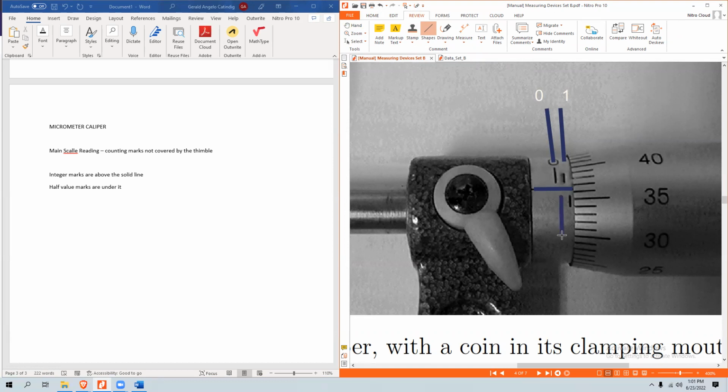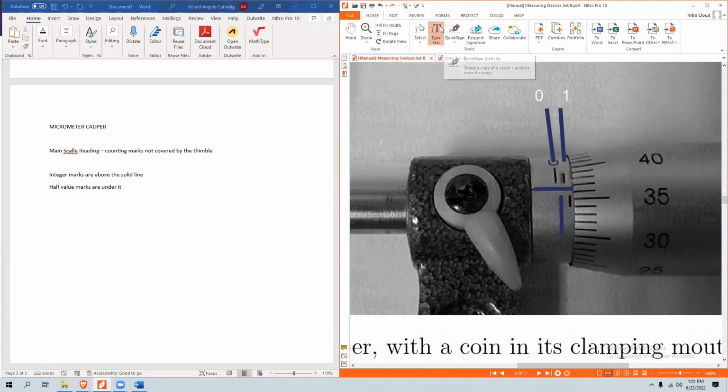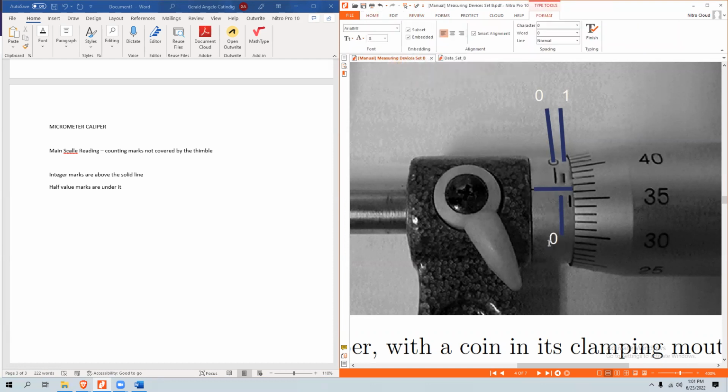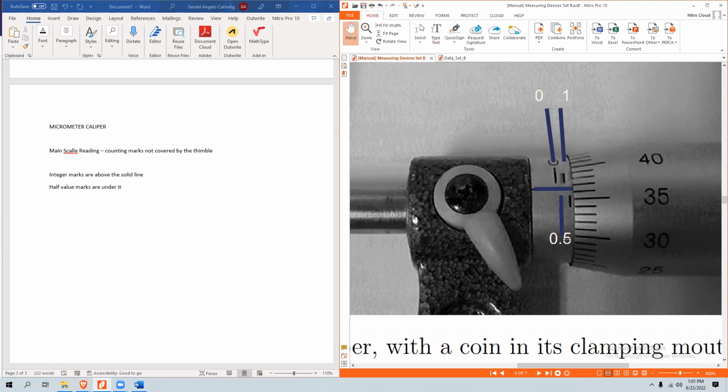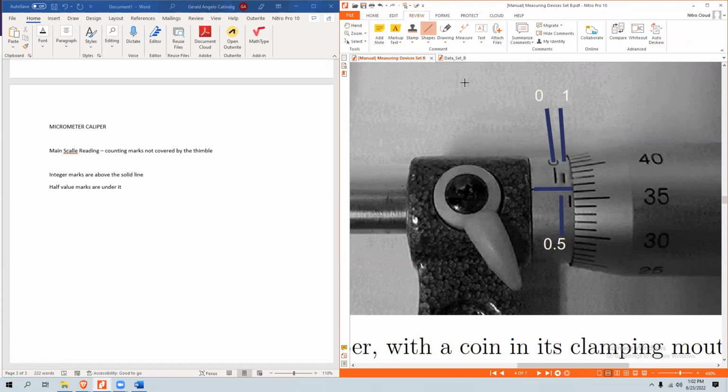So nasa ilalim lang siya just for ease of use. So for example, this would coincide to a measure of 0.5. So these are half integers. So following that same logic, this is 0, this is 0.5, this is 1. Of course, the next measurement would then have to be 1.5.